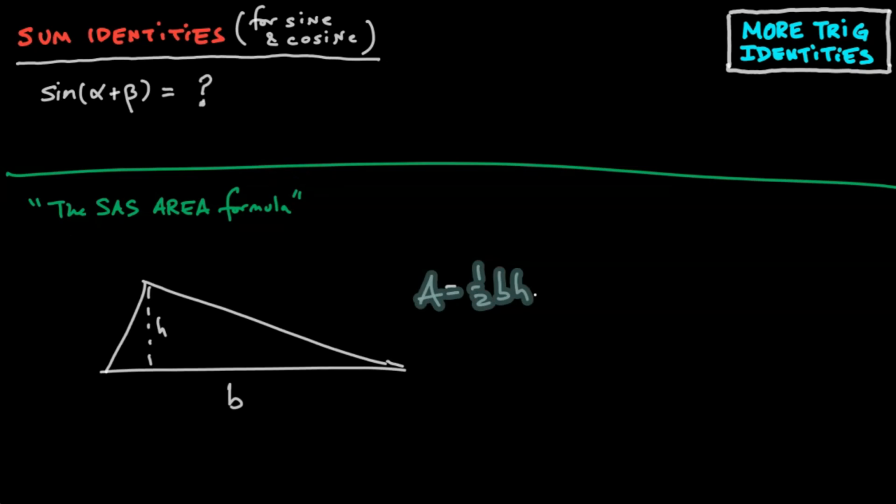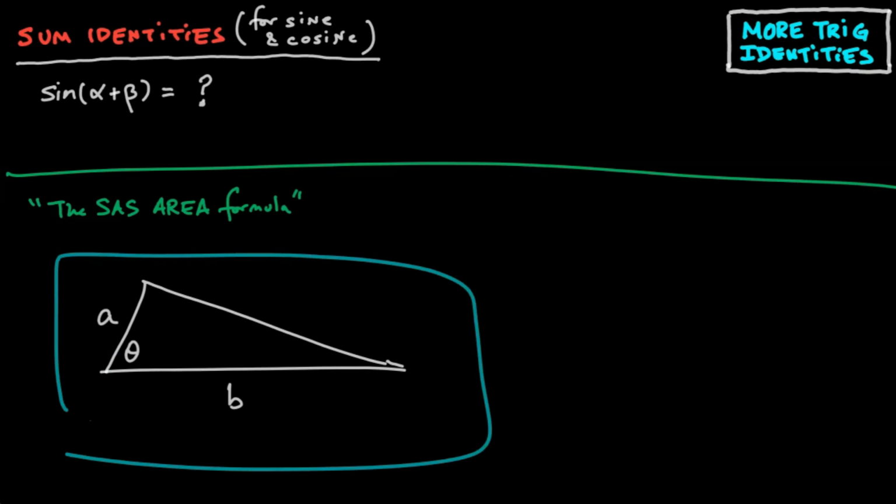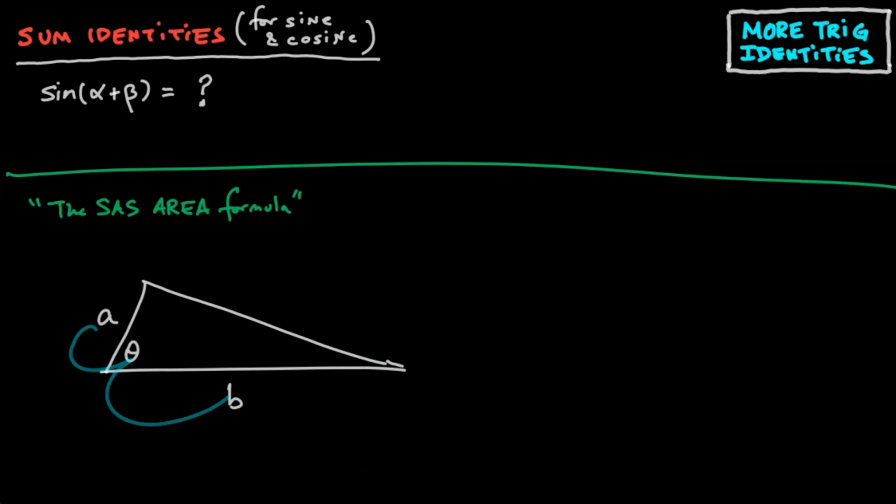I called it that because instead of getting the area in terms of base and height, we get the area in terms of any two sides and their included angle. Side, angle, side. Of course, we know that side, angle, side is enough to determine a triangle, so we should be able to come up with an expression for a triangle's area in terms of those three pieces of information.